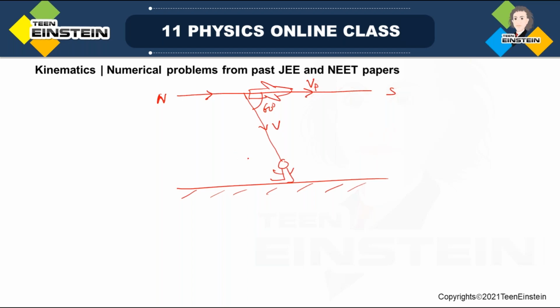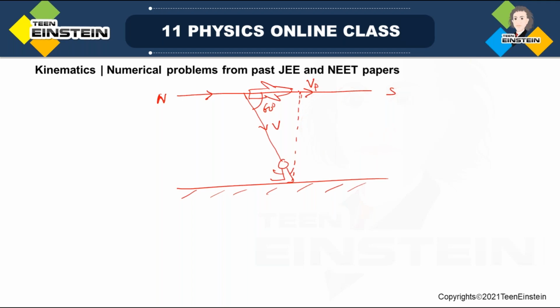Then what will be the velocity of the plane? It is actually the relative velocity you have to find out somehow, or this is a simple vector problem we can think. It is nothing to do with relative velocity and all. This is actually a vector problem. This is 60 degrees. This is Vp.